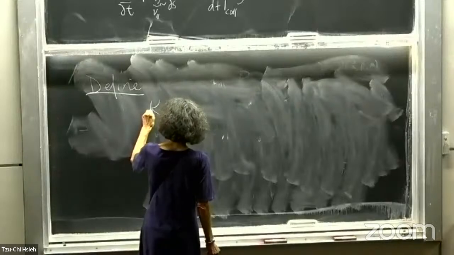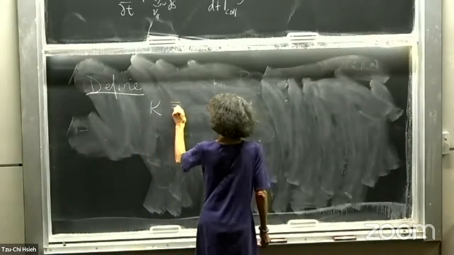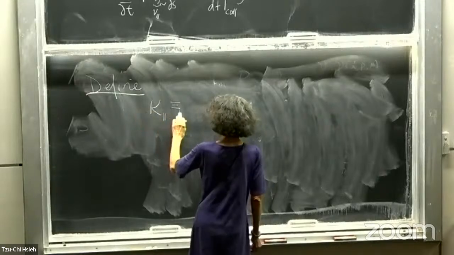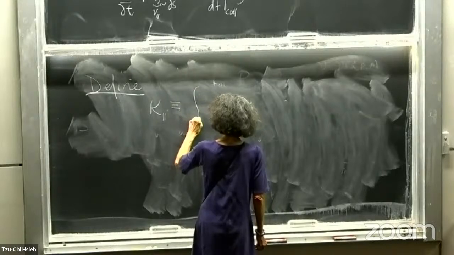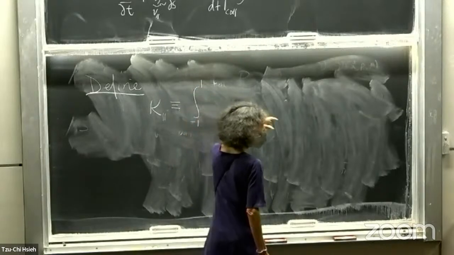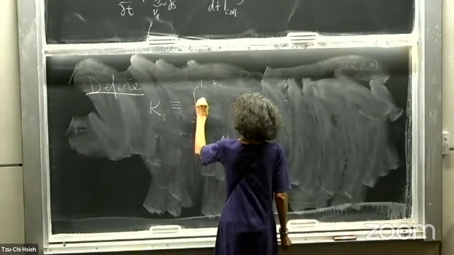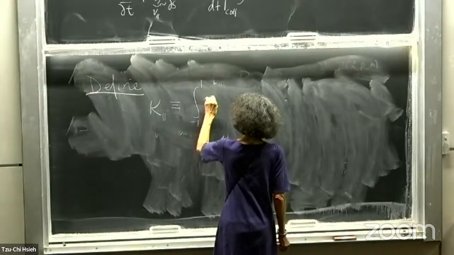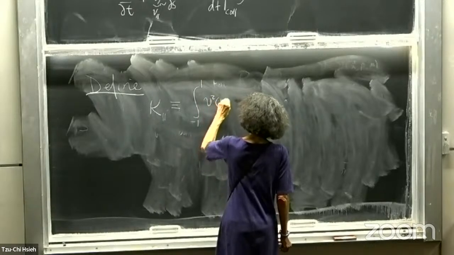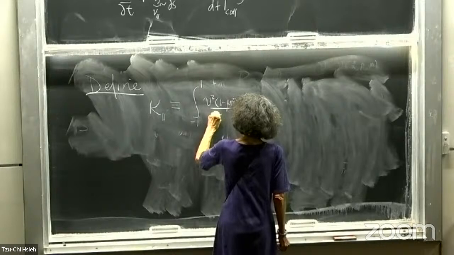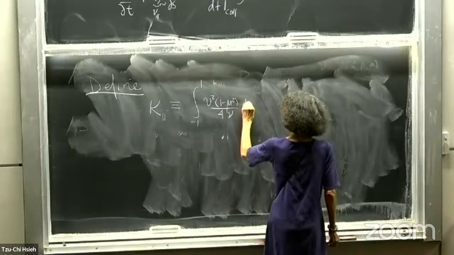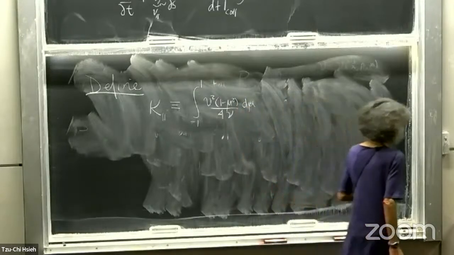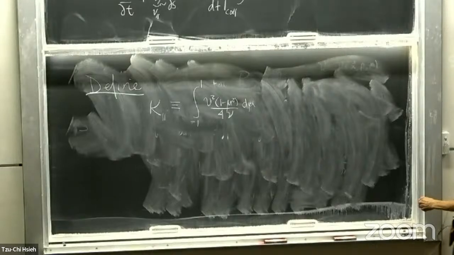Okay, so now let's define kappa. It's kappa parallel because that's what we're doing. Kappa parallel is defined as the integral from -1 to 1. We can divide through by 2 of v squared times (1 minus mu squared) over 4 nu d mu, which just happens to be what we have here.